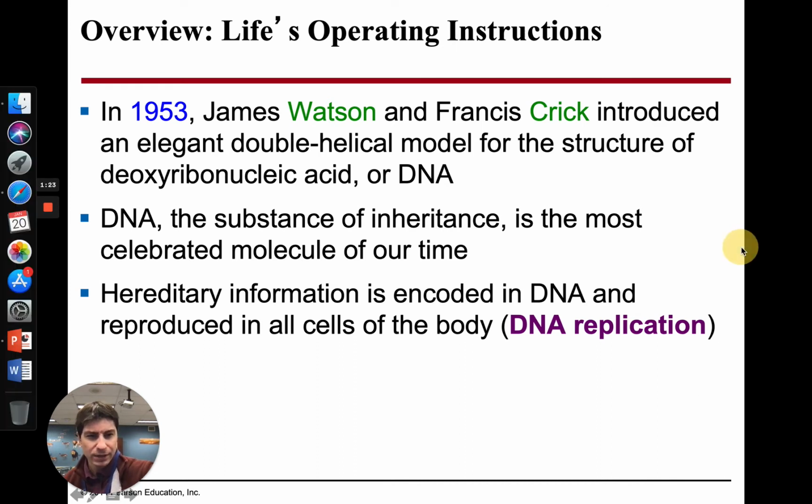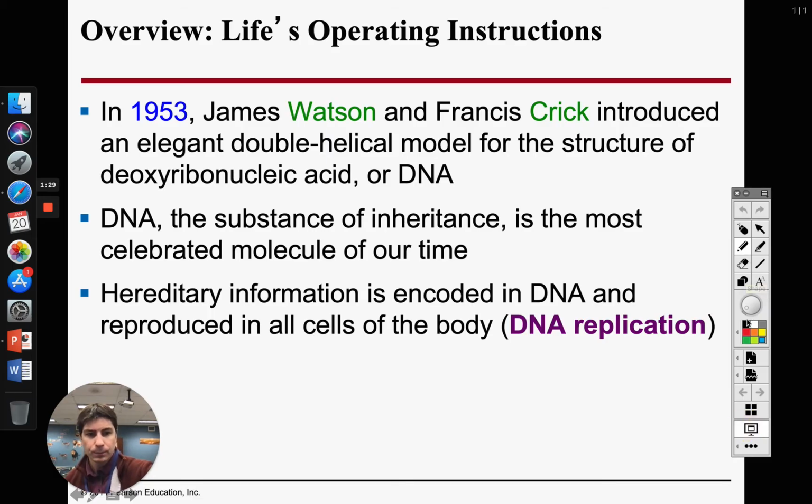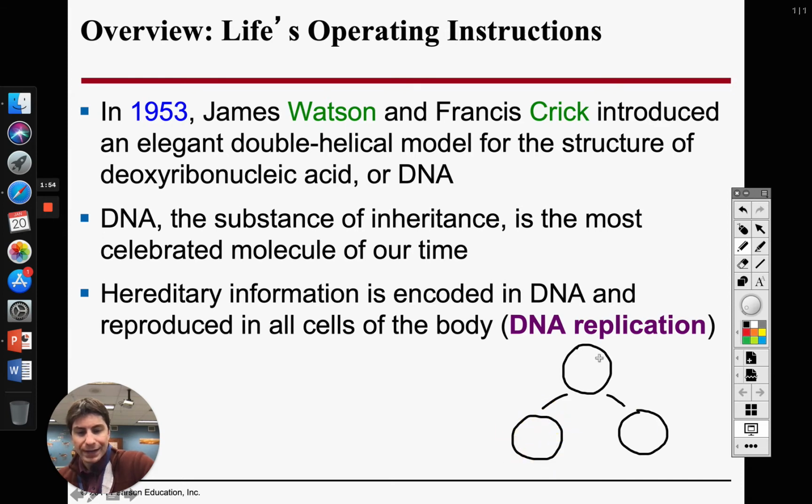So if we start off with one cell, and I'll just draw it here on the bottom, and that cell has 46 chromosomes, and we go through cell division and make two new cells, one there and one there, then if we divide 46 between the two cells, that would leave 23.